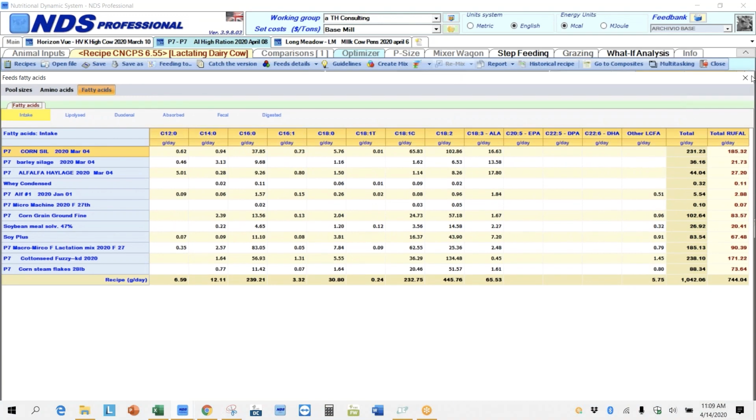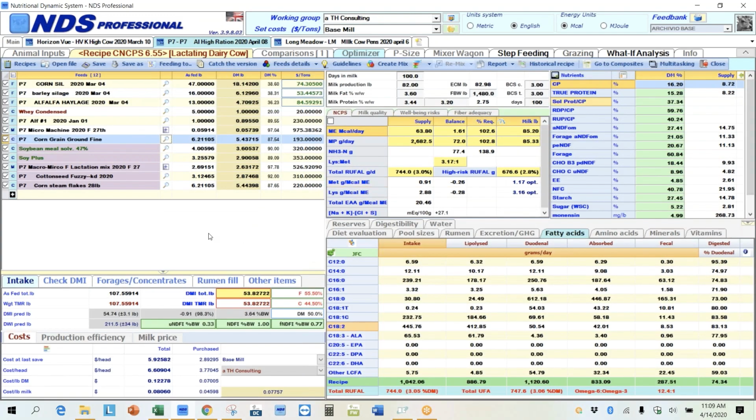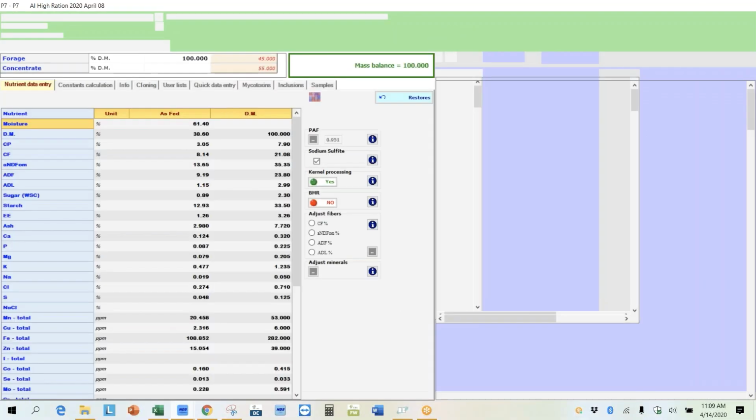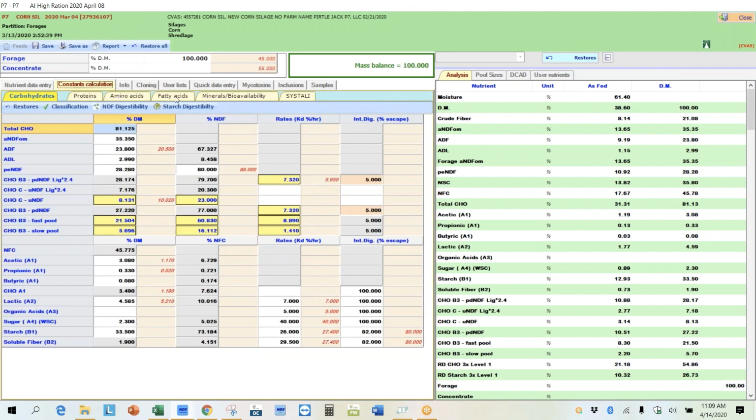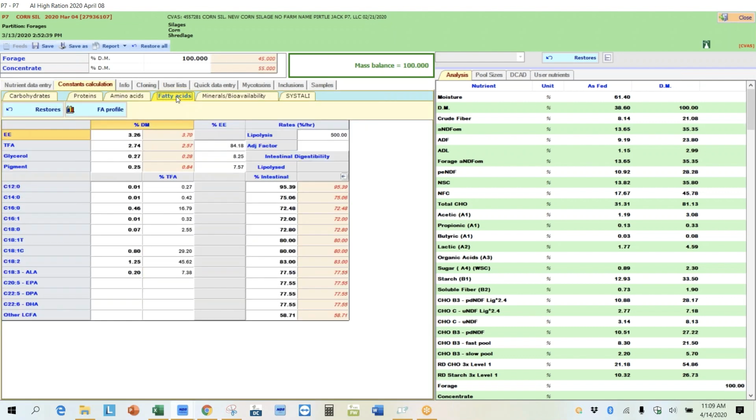The thing we did discuss was the contribution from corn silage. Just opening that corn silage and going to constituent calculations and fatty acids, after hearing some of the information you shared at Florida, I got really intrigued by the total fatty acid and the amount of 18:2 showing up in some of these samples.